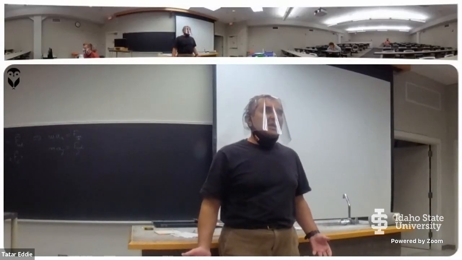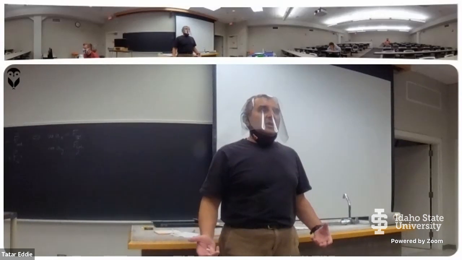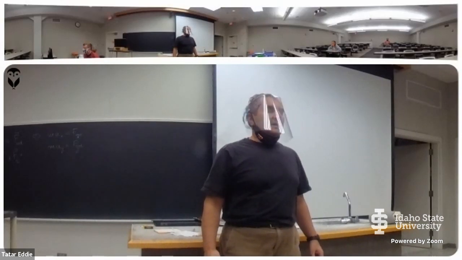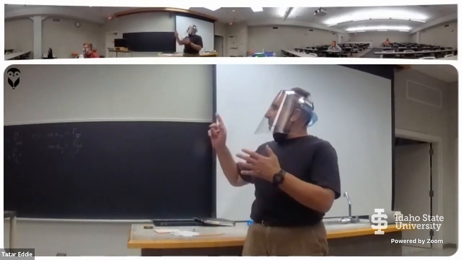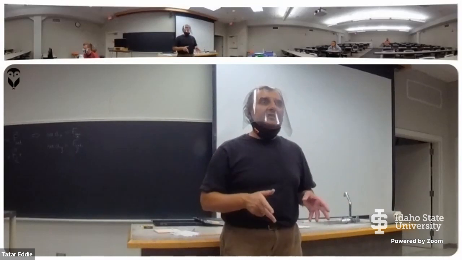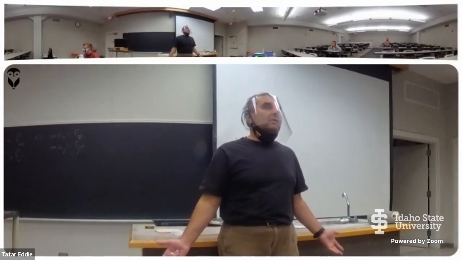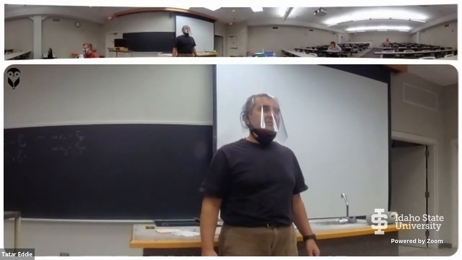In a sense, we can interpret Newton's second law as a definition of force. So we can say the product of the mass of an object multiplied by its acceleration is what we call net force.